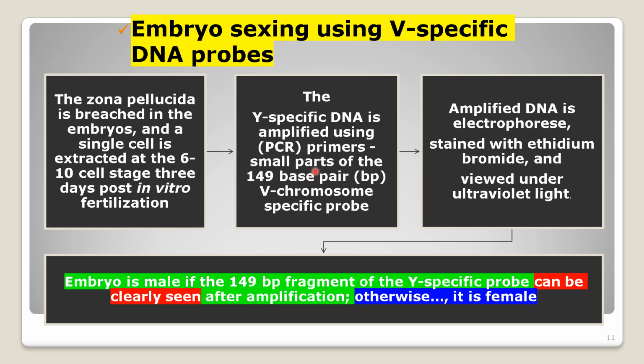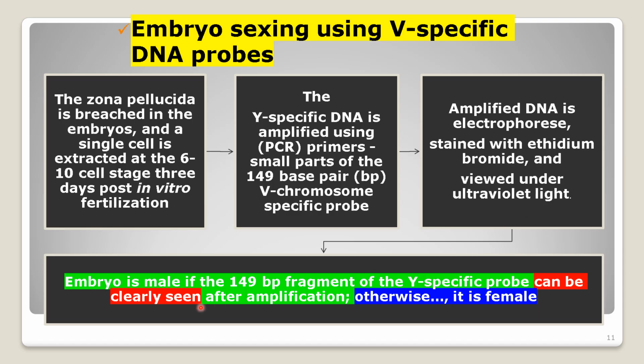In this process, small parts of the 149 base pair Y chromosome-specific probe are taken into consideration. After amplification of the DNA has been done, the DNA is electrophoresed, stained with a dye, ethidium bromide, and viewed under ultraviolet light.